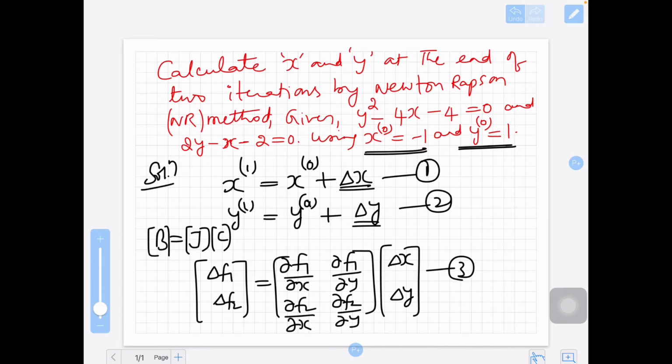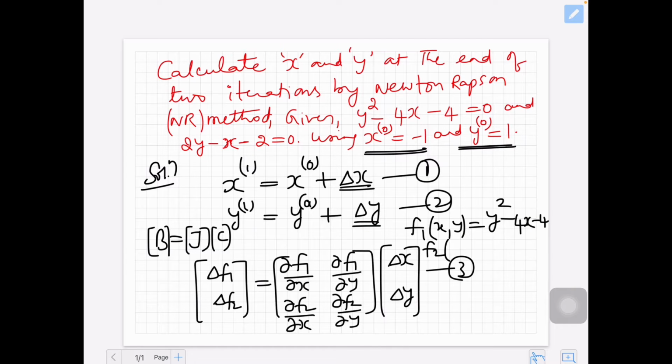Here we will assume the first equation given is F1. F1 is a function of x and y: y square minus 4x minus 4. We have one more equation in terms of x and y, F2 = 2y minus x minus 2.